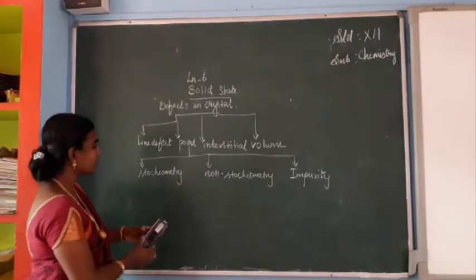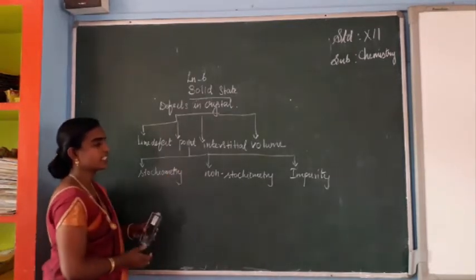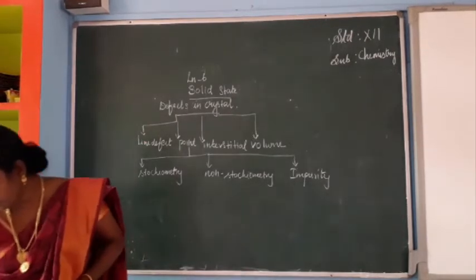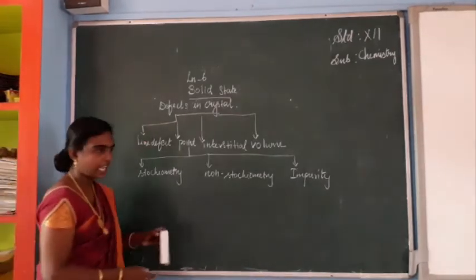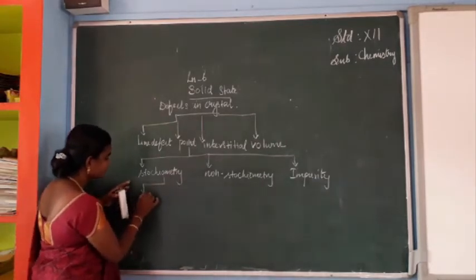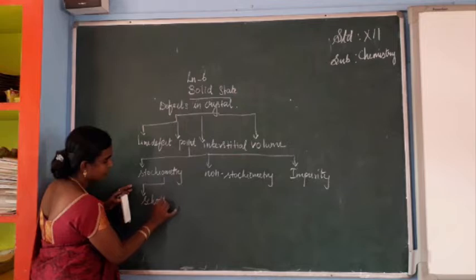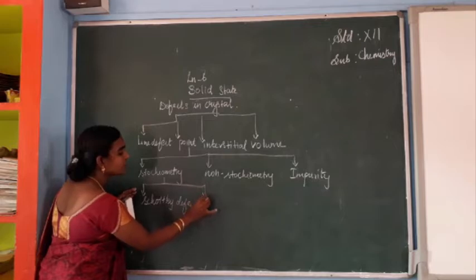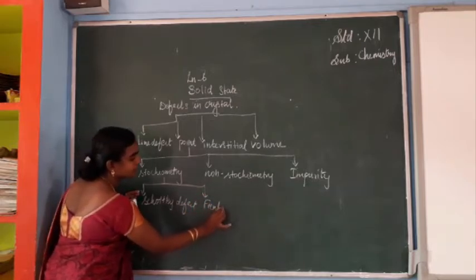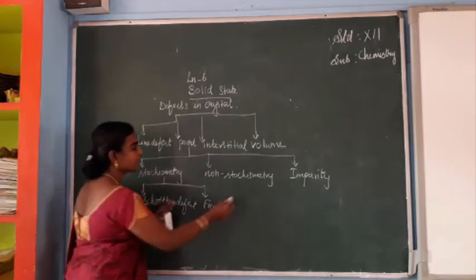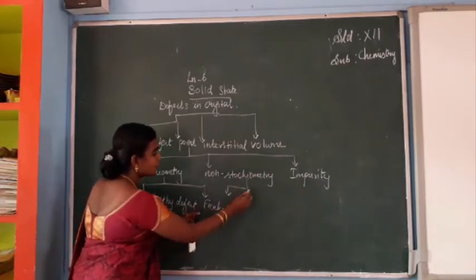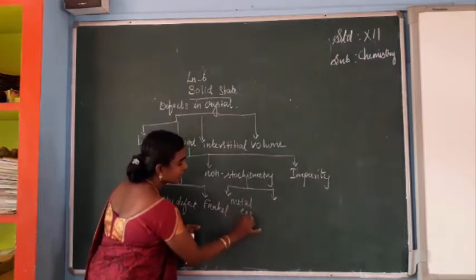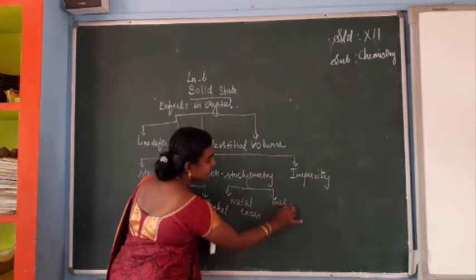That is stoichiometry defects, non-stoichiometry defects and impurity defects. The stoichiometric defects are classified into Schottky defect and one more, Frenkel defect. These non-stoichiometry defects are further classified into two defects, that is metal excess defects and metal deficiency defects.